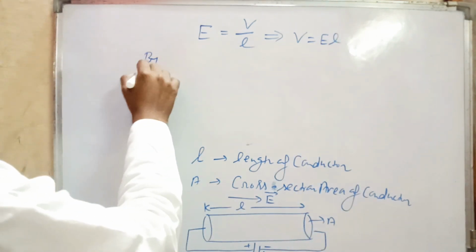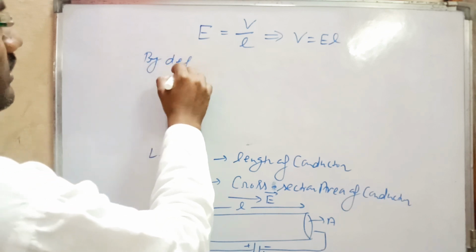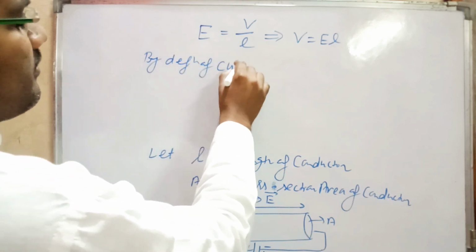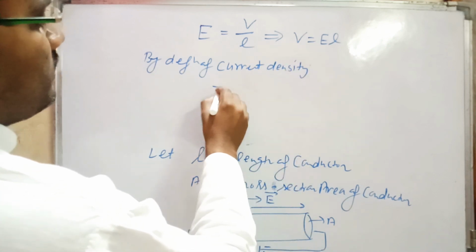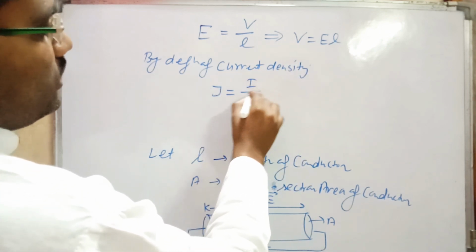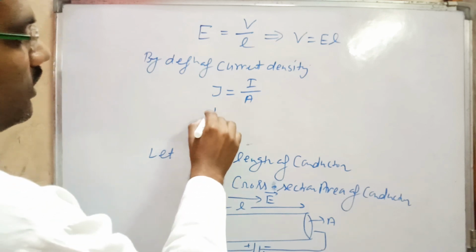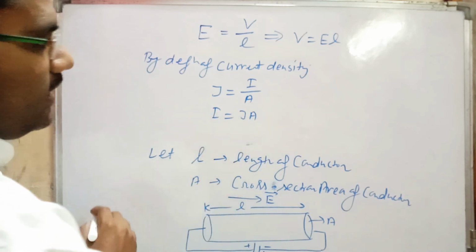By the definition of current density, J is equal to I by A. Now I is equal to JA.